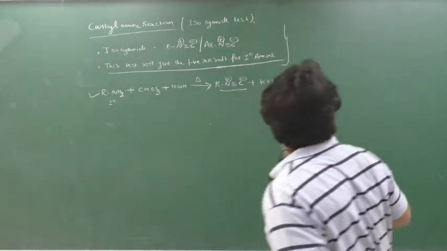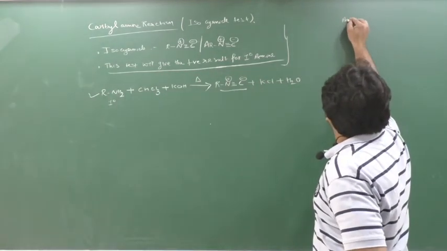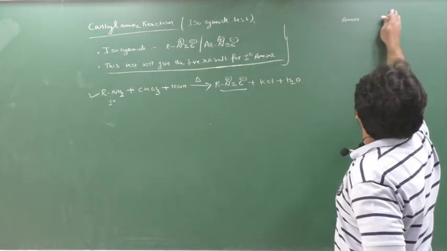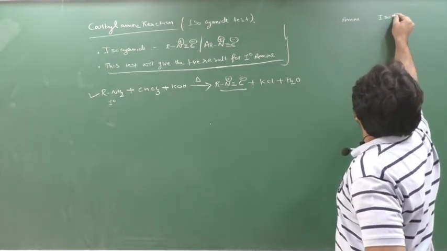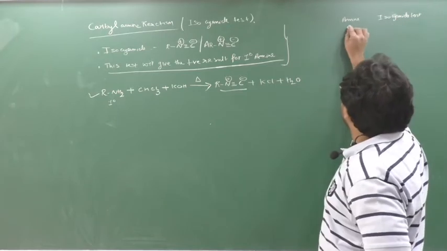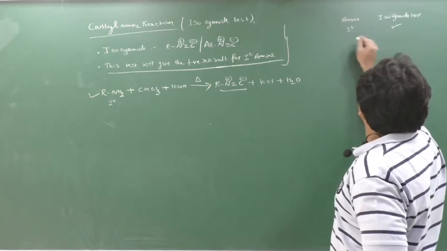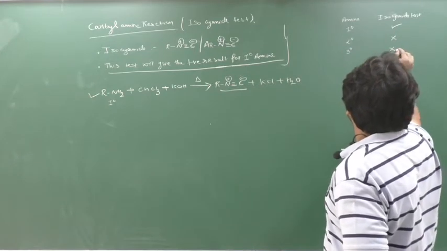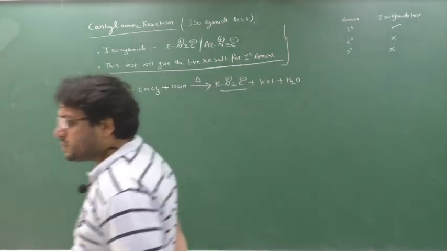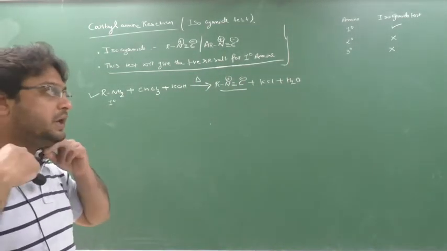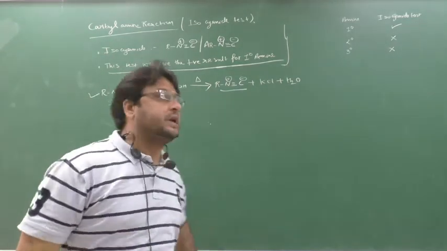I can write here amine and carbylamine test, or isocyanide test: 1 degree, yes; 2 degree, no; 3 degree, no. So the isocyanide test or carbylamine test is only for 1 degree, not for 2 degree or 3 degree.